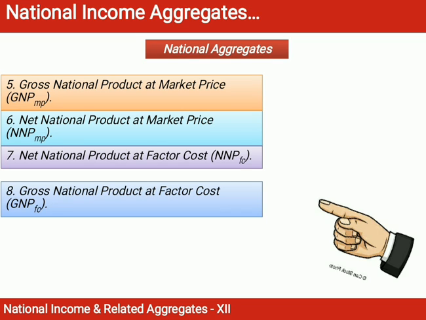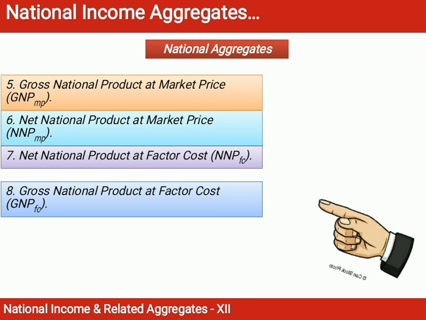What is the basic difference between national income and domestic income? Domestic income is basically a territorial concept, as it includes the value of final goods and services produced within the domestic territory of a country. But national income is a national concept, as it includes the value of final goods and services produced by normal residents in the entire world.